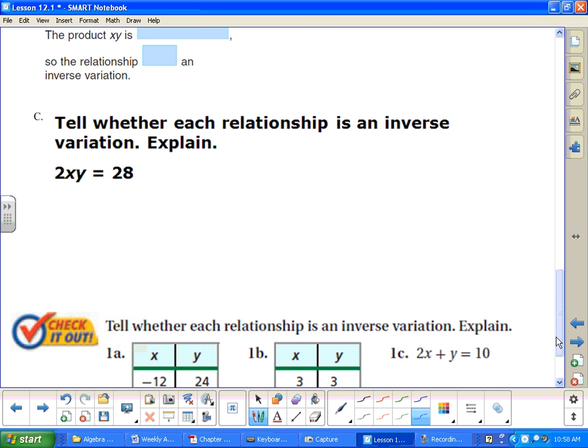Okay, that's a good response. Tells me whether you got it or not. Alex, what do you think? Why? Okay. He thinks it is, but he's not sure. Anybody know why?